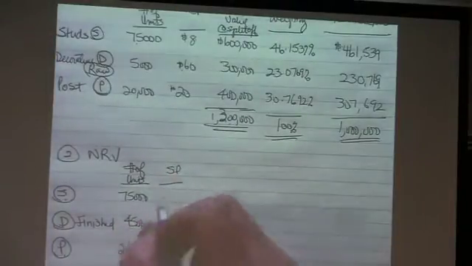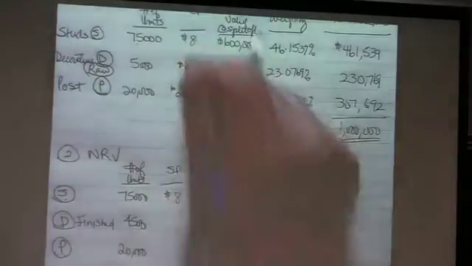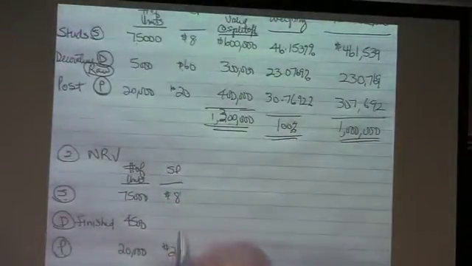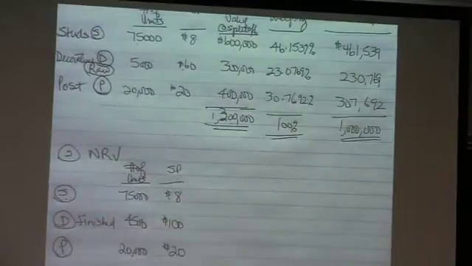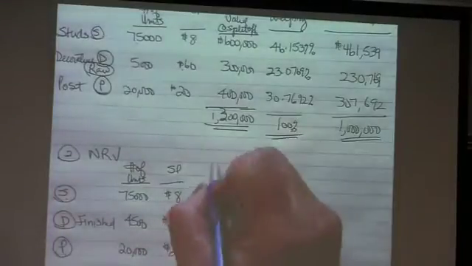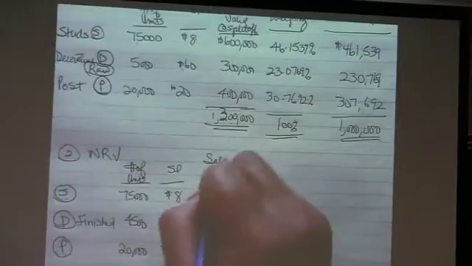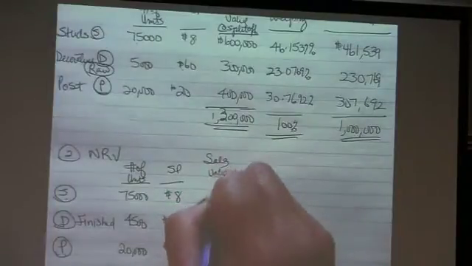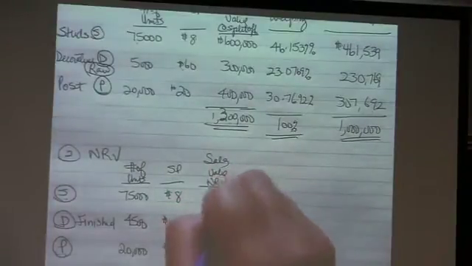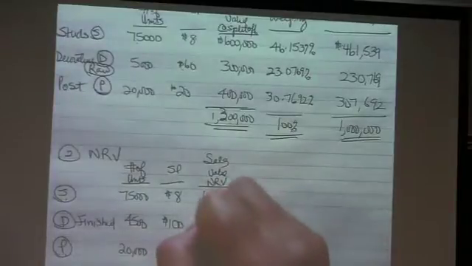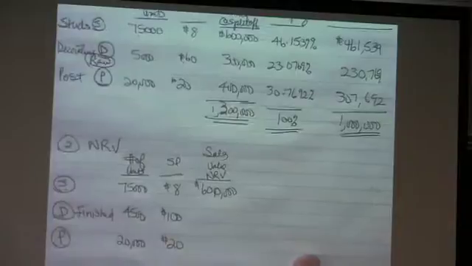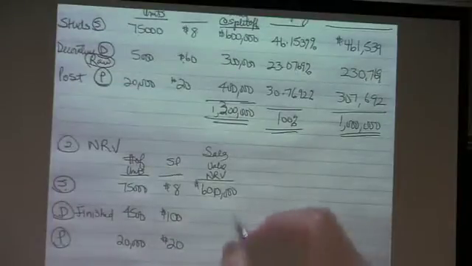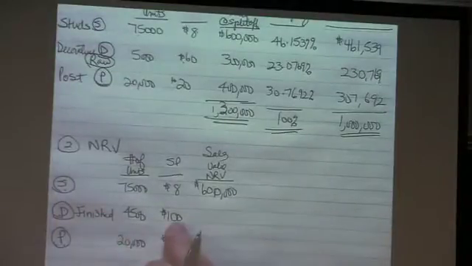The selling price for this one is the same as the one above, and same as this one too. But this one goes up to $100, right? 4,500 times 100.